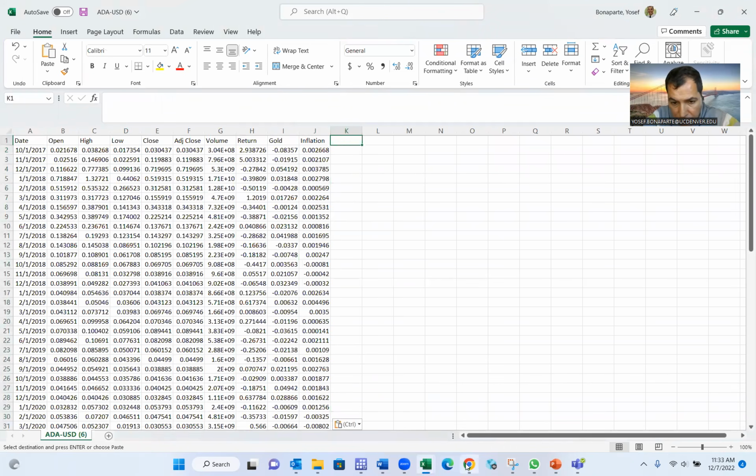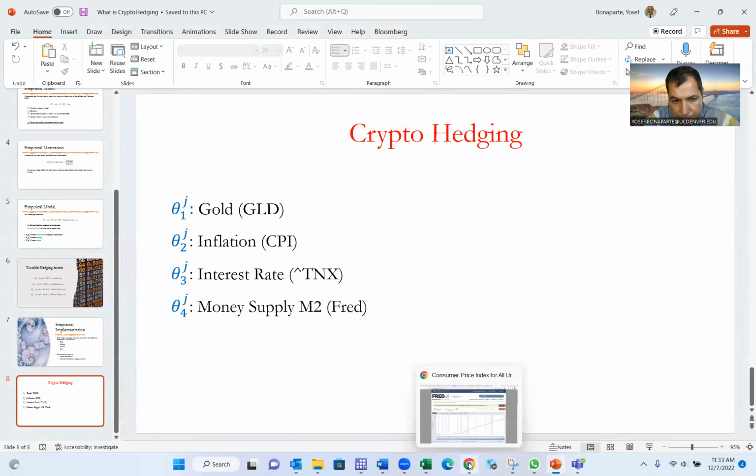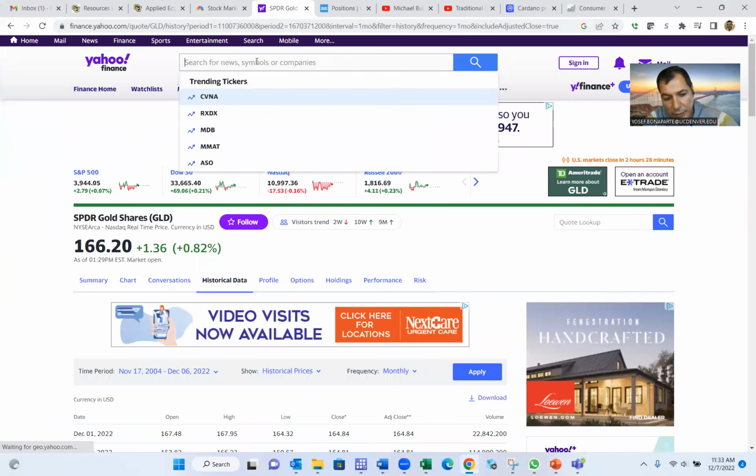Next, what is next for us? Money supply. Oh, interest rate and then money supply. Interest rate, we're gonna get it from Yahoo Finance, TNX. Or you can get it from Fred also, but that's fine. Either way is fine.